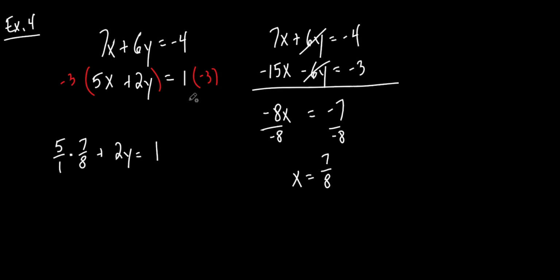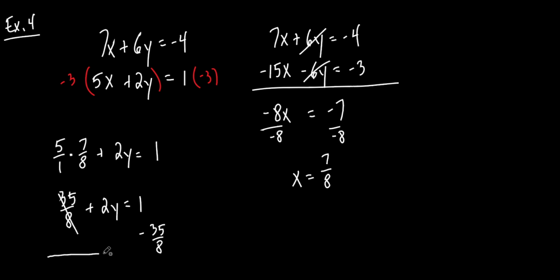That's the original equation, right, without all this stuff being multiplied by negative 3. All right, so what do we get here? Nothing cancels out, right? So that's what? 35 over 8 plus 2y equals 1. Let's subtract 35 over 8. So I subtract, let's do it right here, 35 over 8. I don't have to show it here. I know that's going to cancel out.